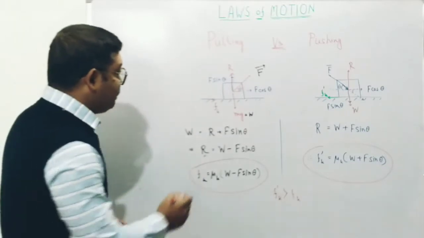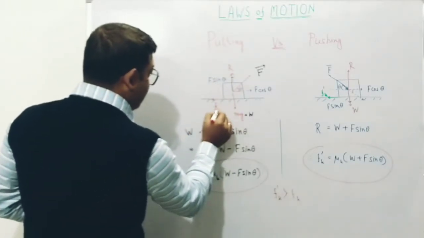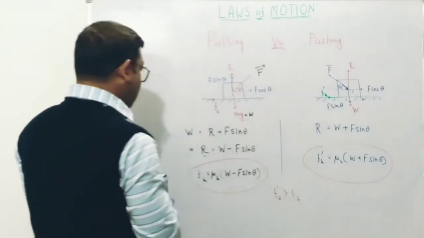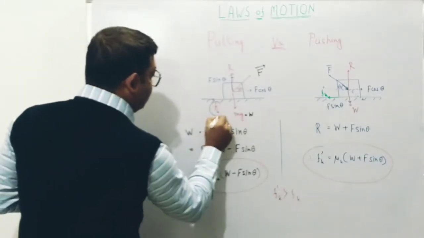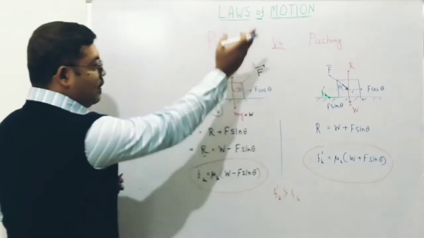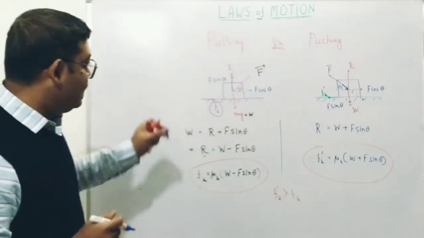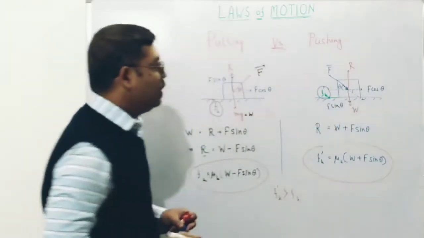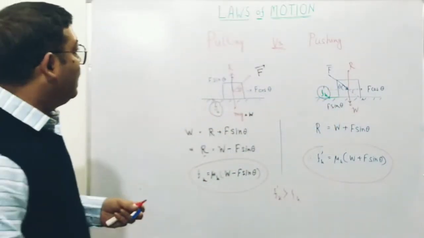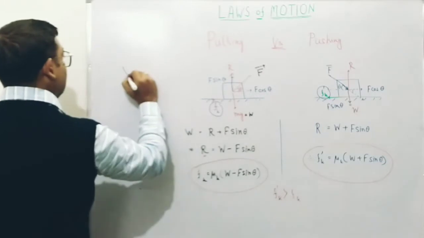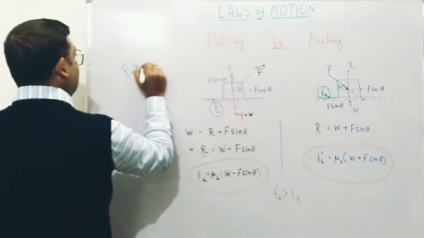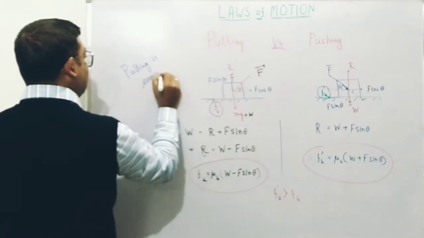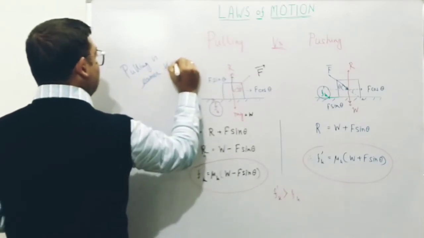In other words, the friction that appears when you pull the object with a force at some angle with the horizontal is less compared with the friction that is generated when you push the object, and that is why pulling is easier than pushing.